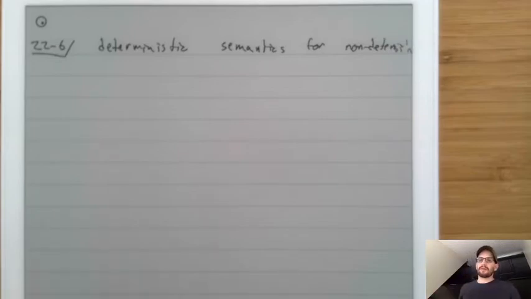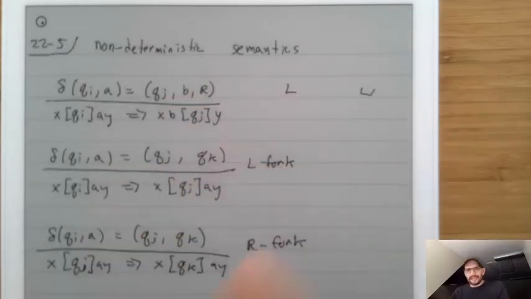Well, first of all, we kind of did this before, remember? We did this when we talked about the semantics for NFAs. This right here is really the oracle model for NFAs.